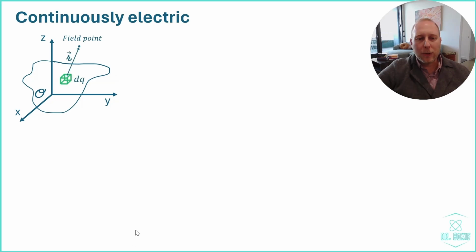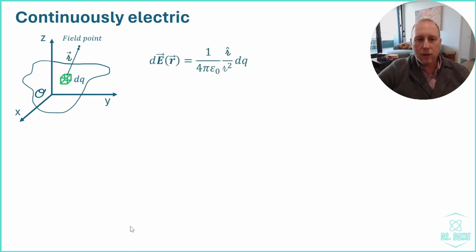So to do that, we divide the whole continuous distribution of charge into tiny, infinitesimally small charges. This small portion of charge has a value dq, and the vector connecting it to the field point will be curly r.